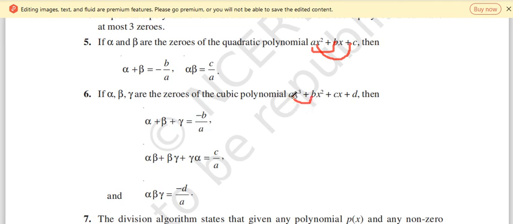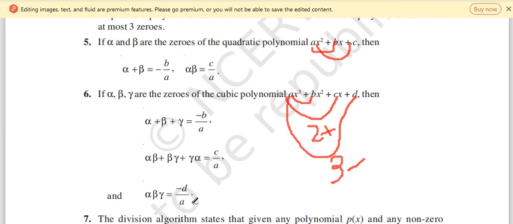Then alpha beta plus beta gamma plus gamma alpha is second, and even means positive, so it is c by a. And alpha beta gamma is third, odd means negative, so it is minus d by a.